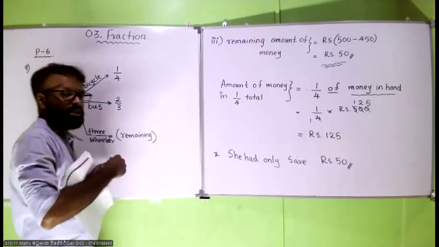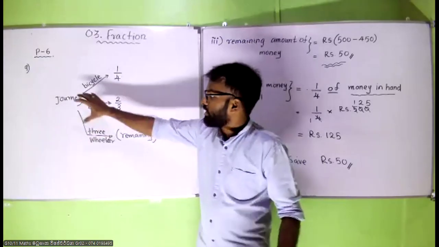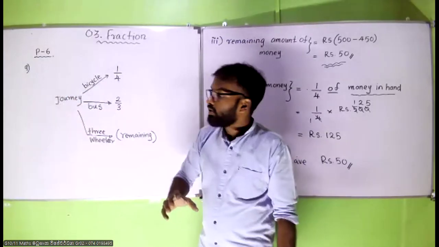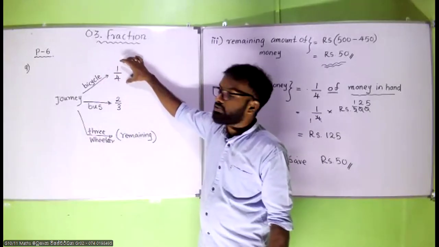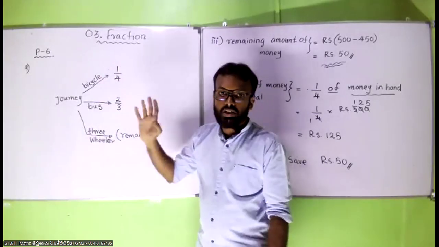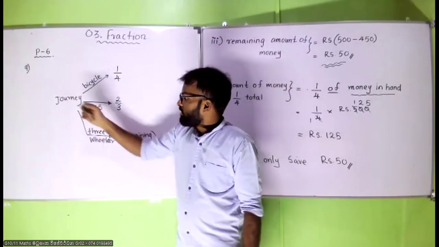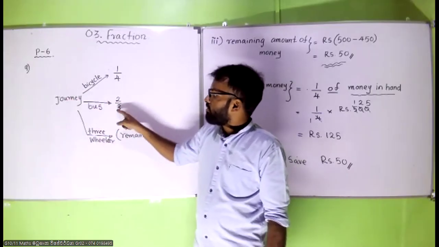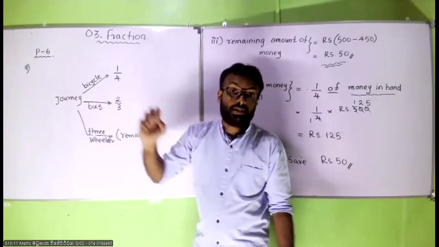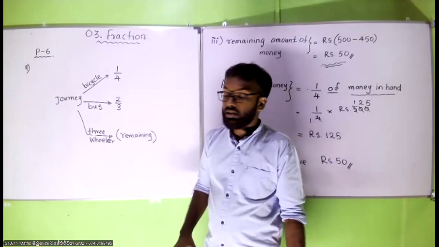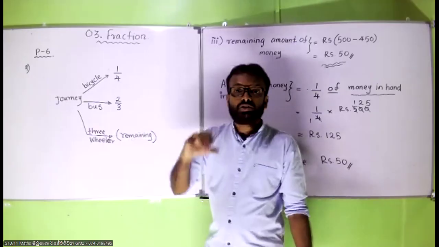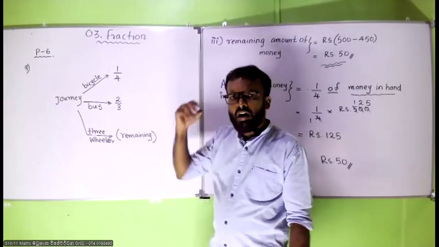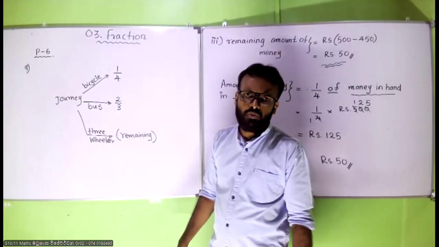So this is the station. There is a full journey. From that full journey, by bicycle, he has traveled 1/4 of the journey. Then he has traveled 2/3 by bus. Then the rest by three-wheeler.